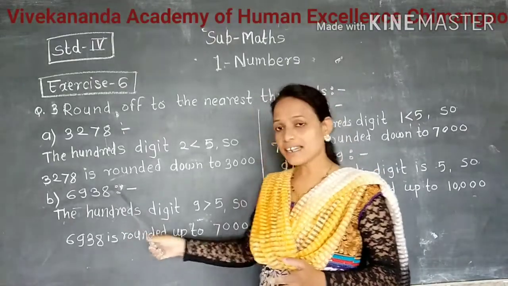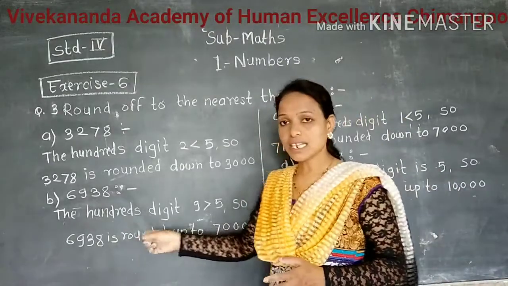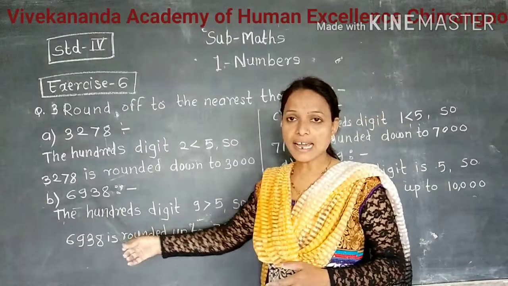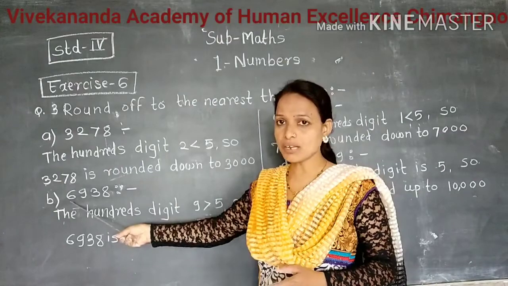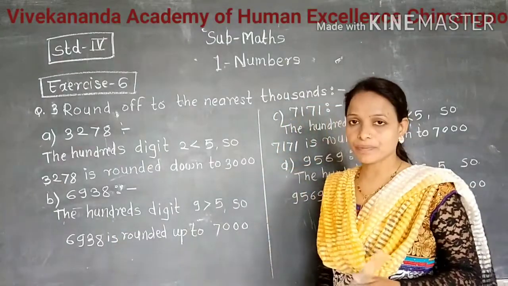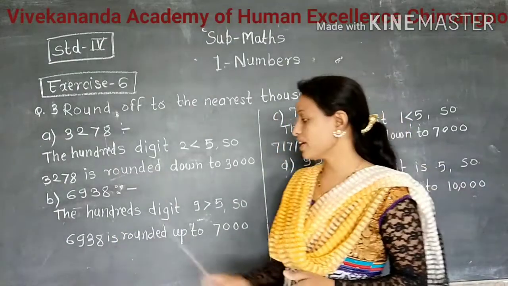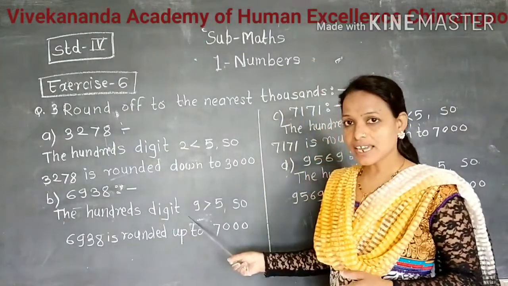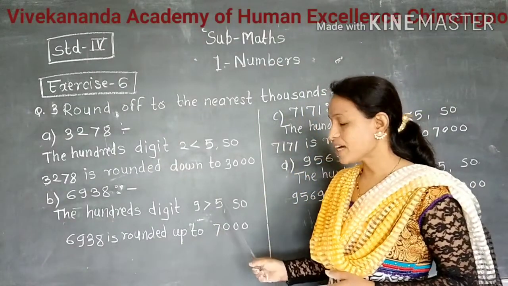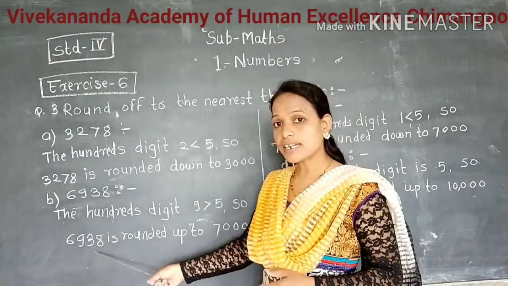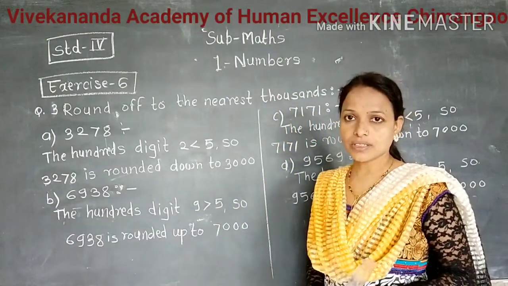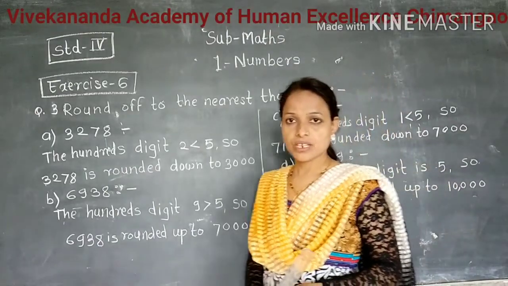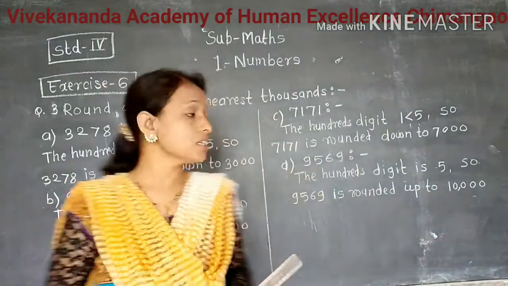So here 8 replaced by 0, 3 replaced by 0, 9 replaced by 0, and the thousands digit 6 is increased by 1, means 6 plus 1, 7. So the answer: the hundreds digit 9 is greater than 5, so 6,938 is rounded up to 7,000. Understood everyone?